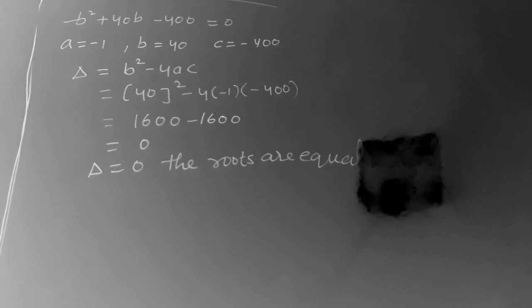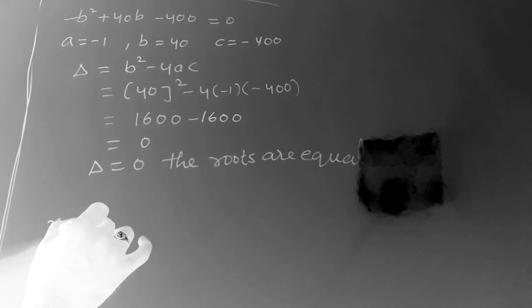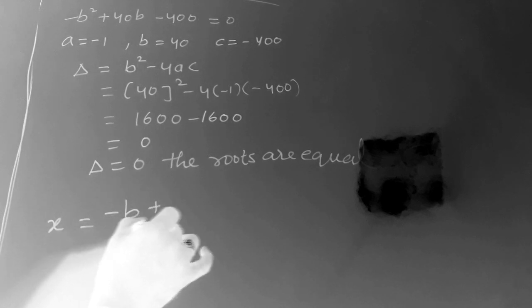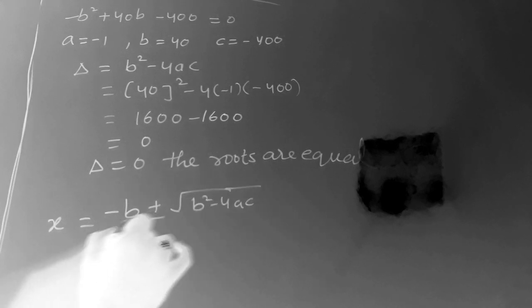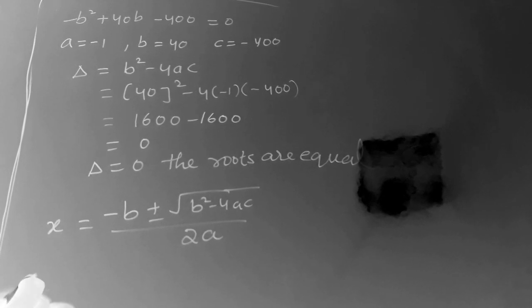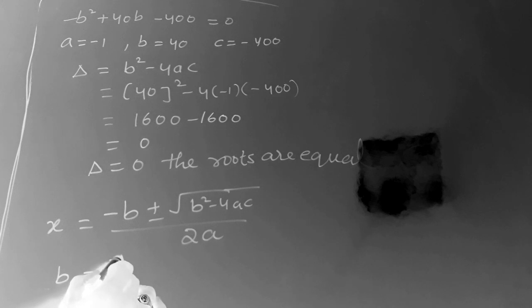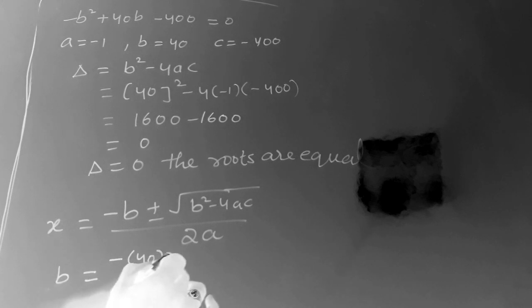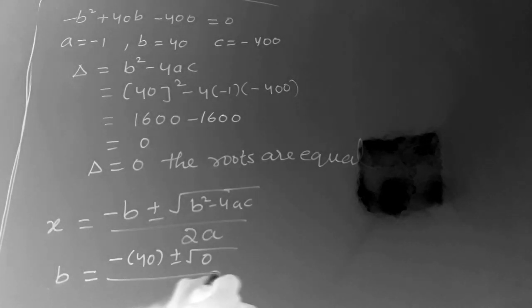So now we will calculate that. Now we have to find the roots by using the quadratic formula: minus b plus or minus under root of b square minus 4ac, by 2a. So here b is 40, minus 40 plus or minus under root of b square minus 4ac, which is 0 as we got just now, by 2a, 2 into minus 1.